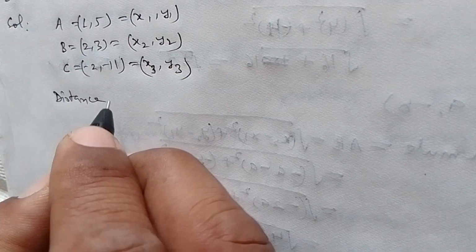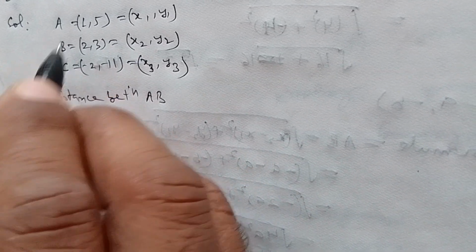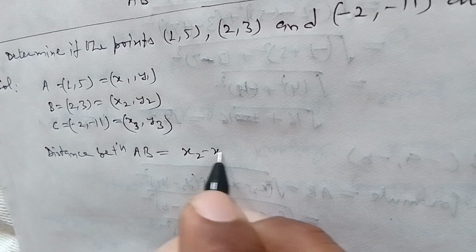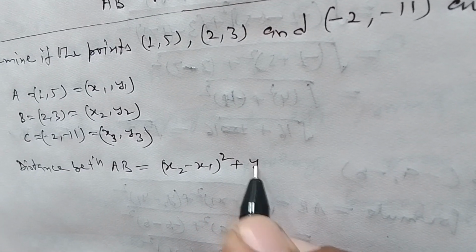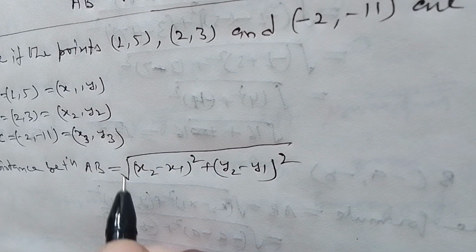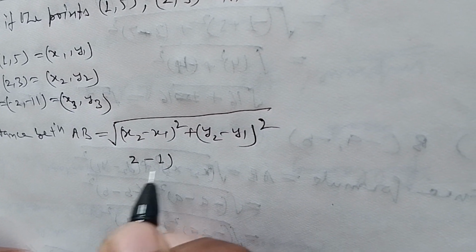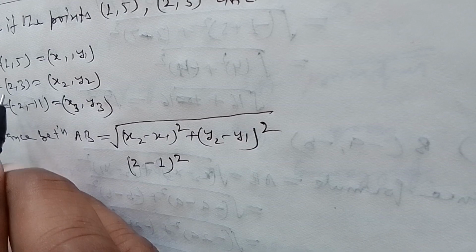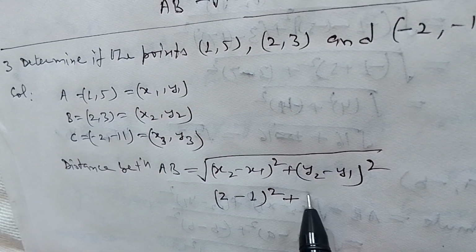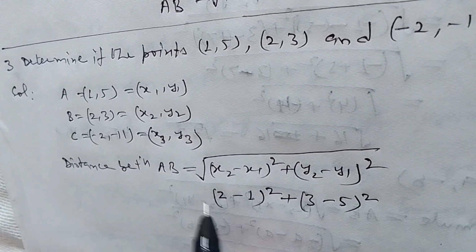So the distance between points A and B, the formula remains the same, that is the square root of (x2 minus x1) square plus (y2 minus y1) square. So by putting the values, x2 is 2 minus x1 is 1, square, plus y2 is 3 minus y1 is 5, square.